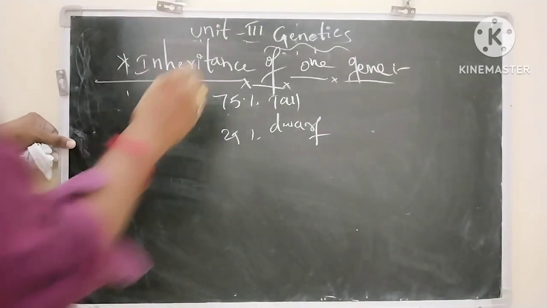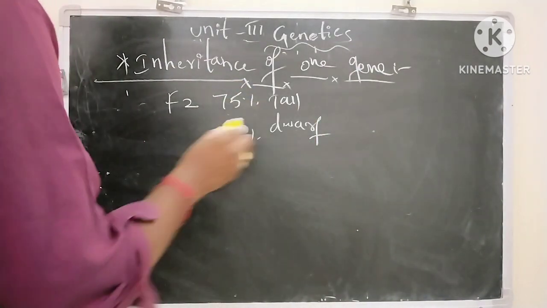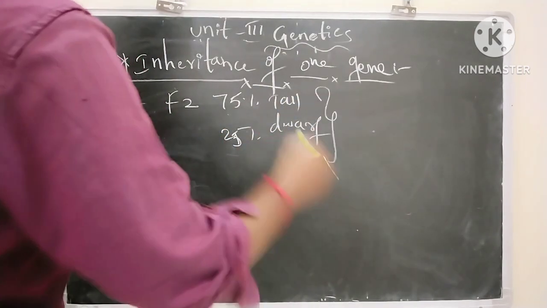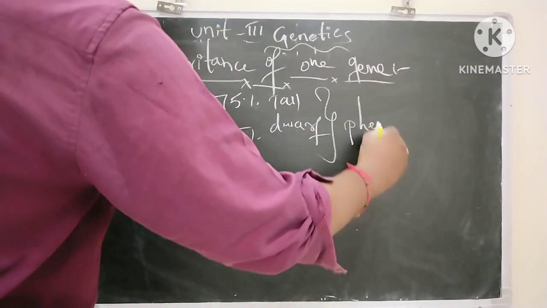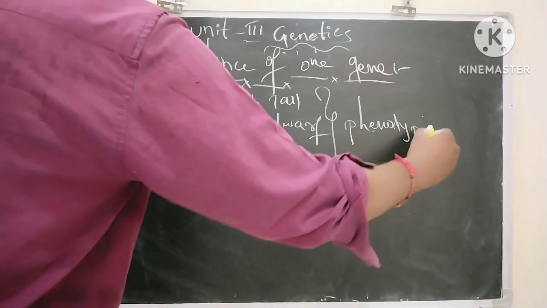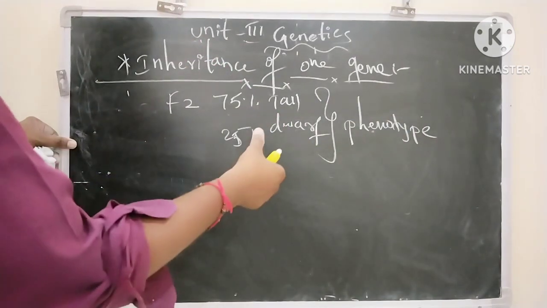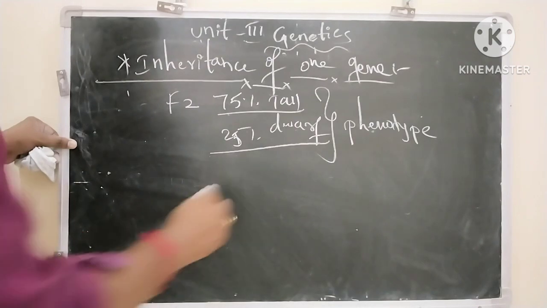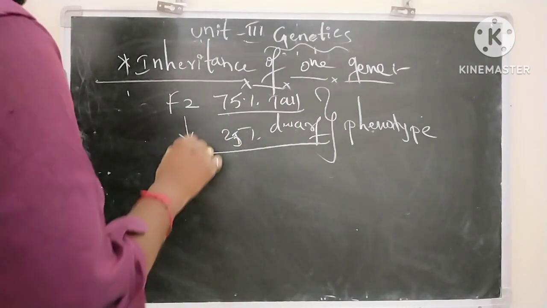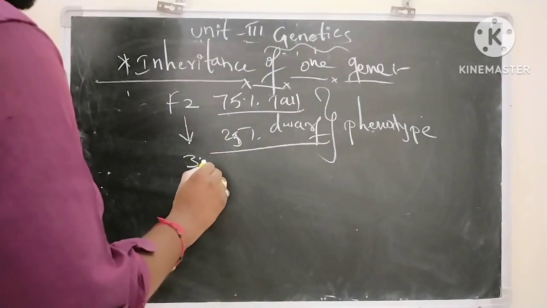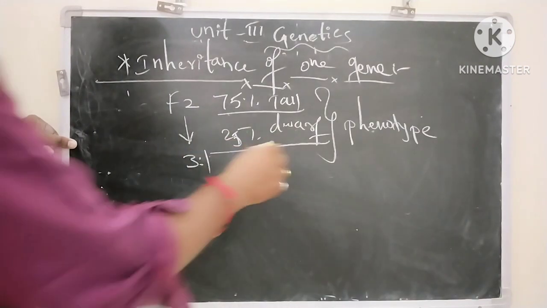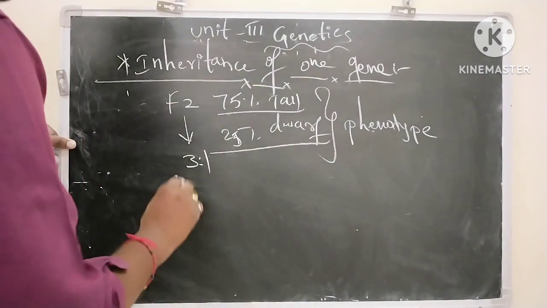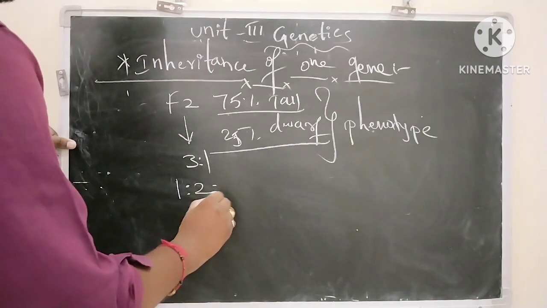By seeing the physical appearance of the individual, it is called phenotype. By seeing we are able to say 75% are tall, 25% are dwarf. So this phenotypic ratio in F2 generation is 3:1 of a monohybrid cross, and the genotypic ratio is 1:2:1.